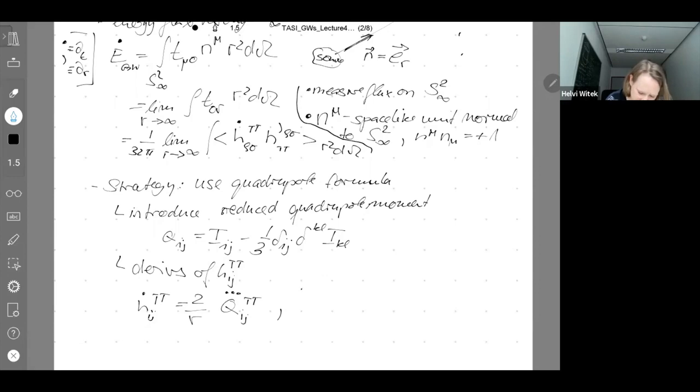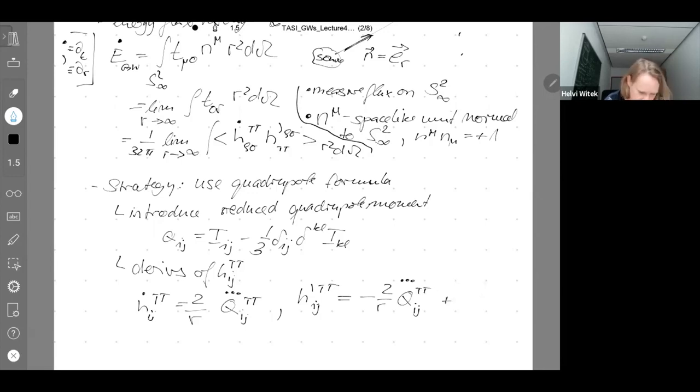And the radial derivative, we can show, using that we are looking at the quadrupole moment in the retarded time, becomes minus 2/r times, again, the third time derivative of the quadrupole moment.